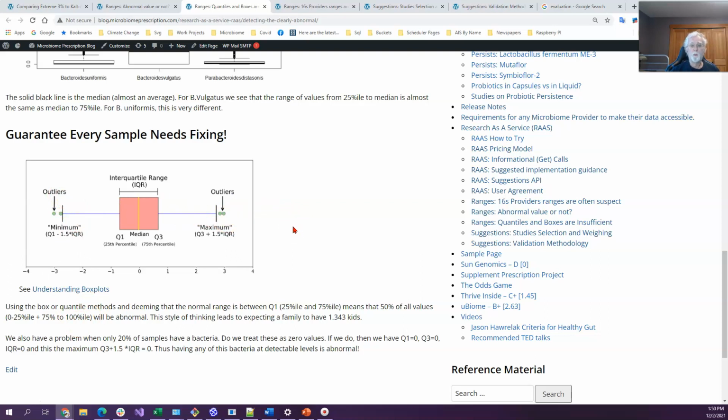First of all, we have the problem which I mentioned about working with averages and medians, and you guarantee 50% being outliers. Now, if you use a more sophisticated formula, you have a problem when only 20% of a particular bacteria shows up in tests. Not unusual. I find it very often.